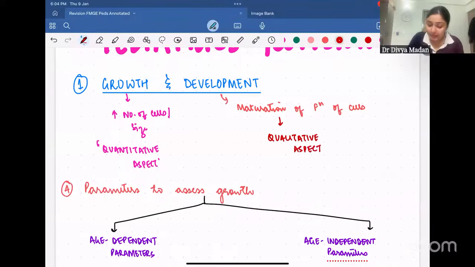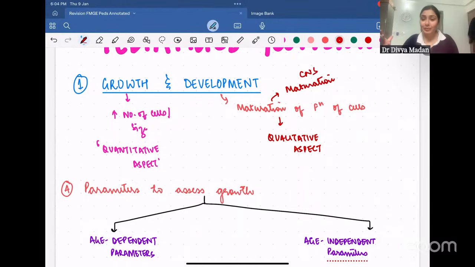And development, it depends upon the CNS maturation, the maturation of our central nervous system, right? So growth में size बढ़ रहा है, number बढ़ रहा है. Development में there is maturation of function, right?